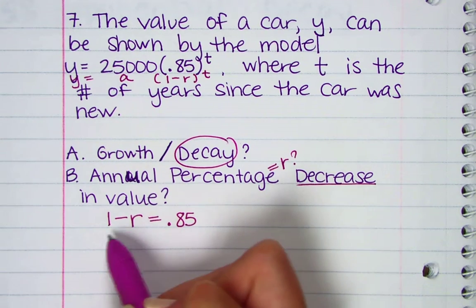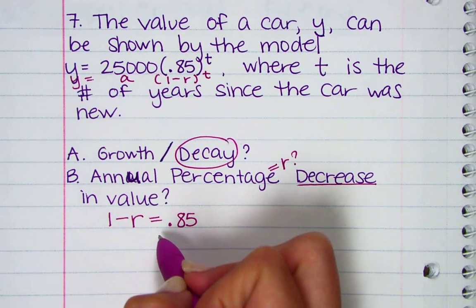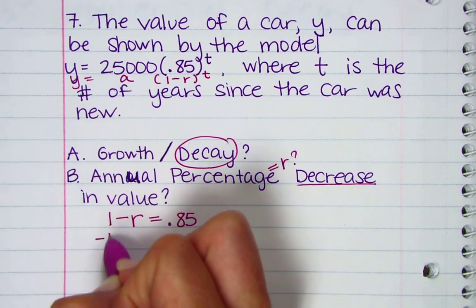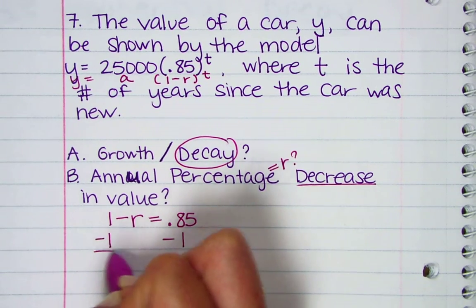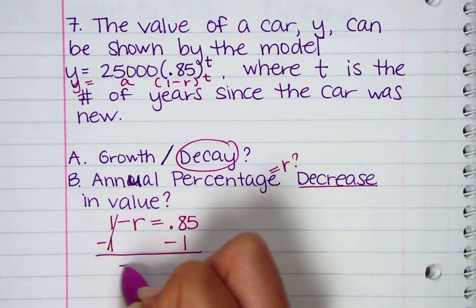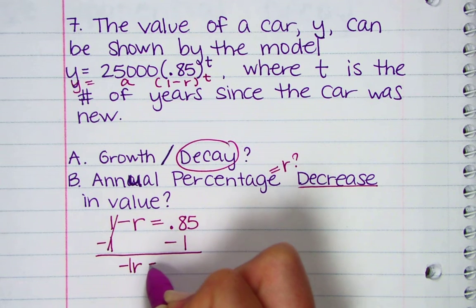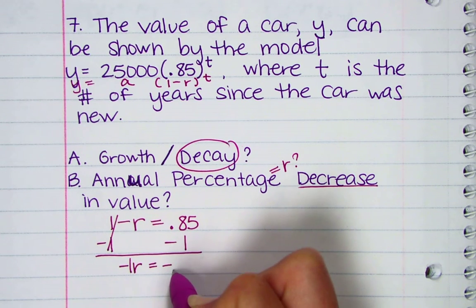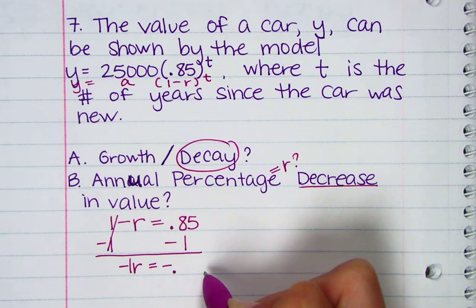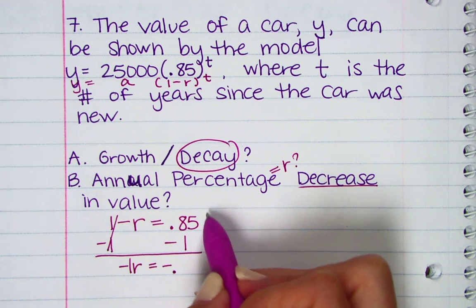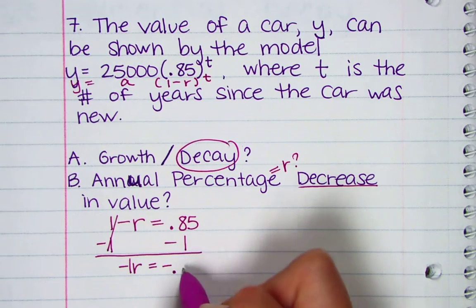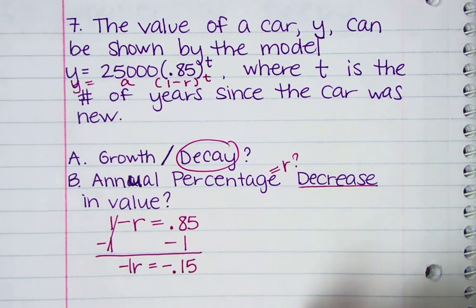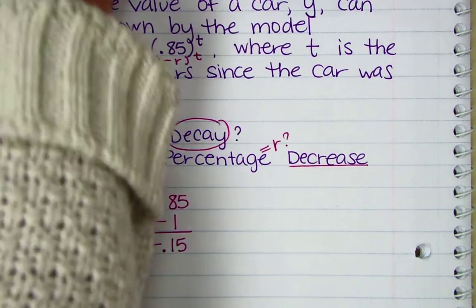How do we solve this? We'll subtract 1: 0.85 minus 1. Minus 1 whole.